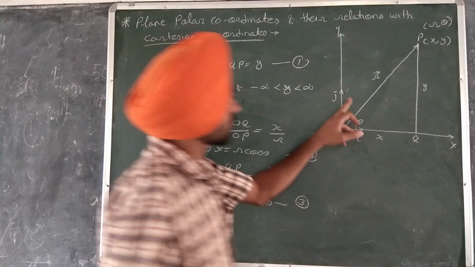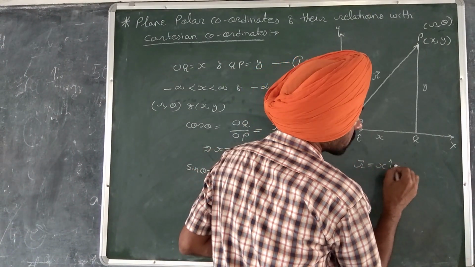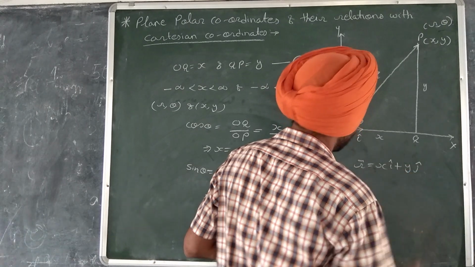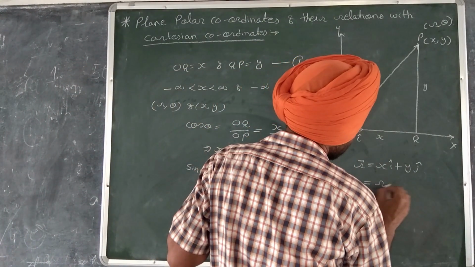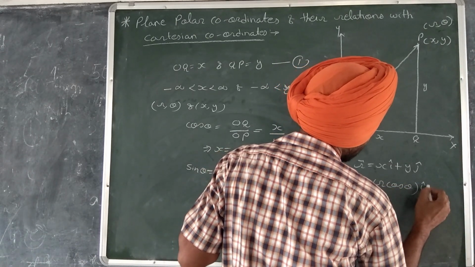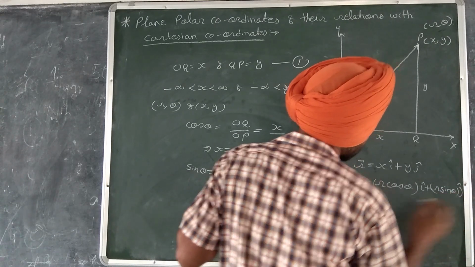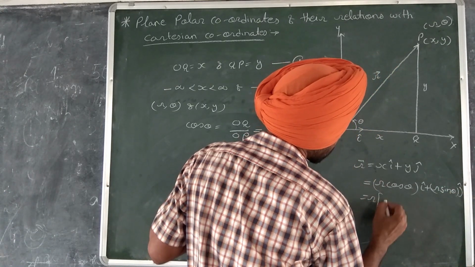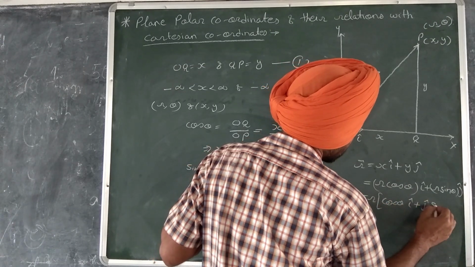So the position vector r is x i cap plus y j cap. What is x? r cos theta i cap plus r sin theta j cap. So r is common: r times cos theta i cap plus sin theta j cap.